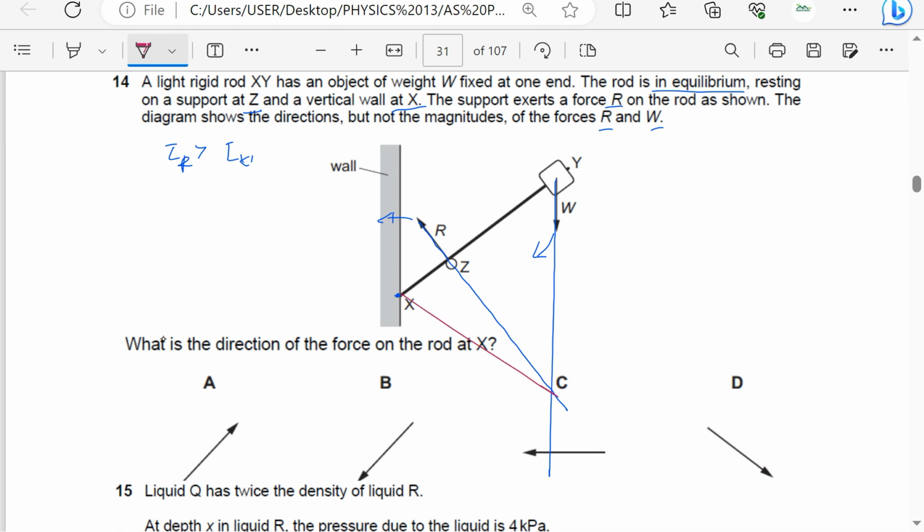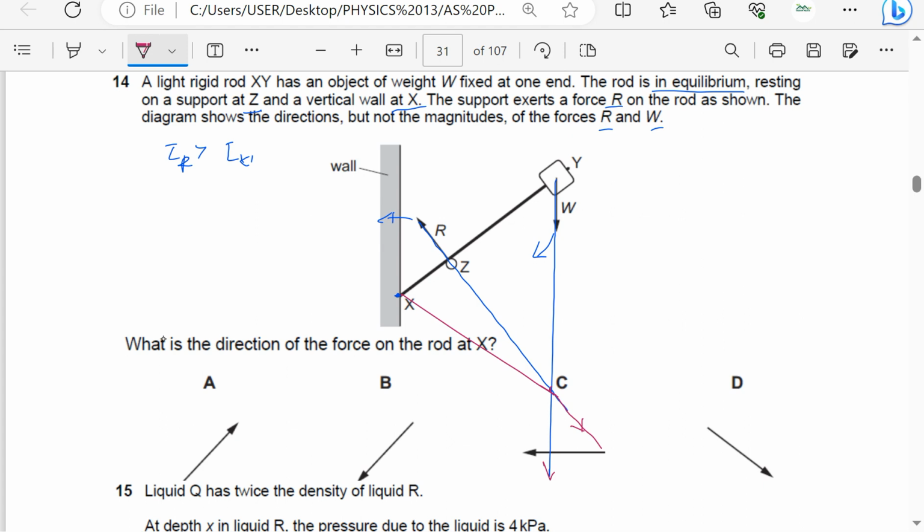Is it not working? Okay. So at that point there, note that this is acting in this direction here. That is acting in that direction there. And this one is acting in this direction here.